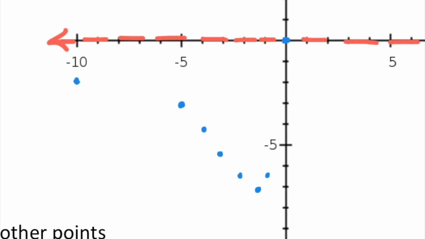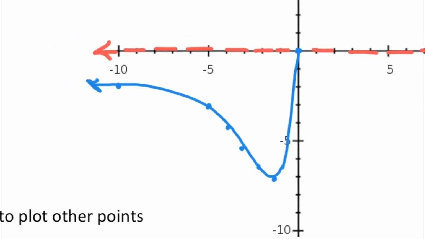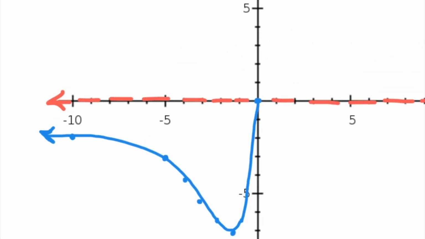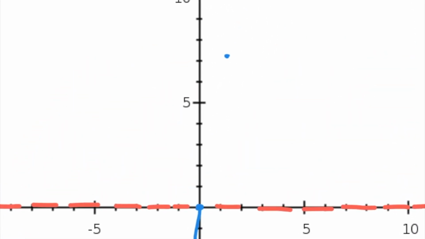So the graph on the left does this, and keeps getting closer to the horizontal asymptote here on the left. And then it's going to do something similar on the right. So at positive 1, it's positive 6.6. And then positive 2, it's also positive 6.6. Positive 3, 5.4.